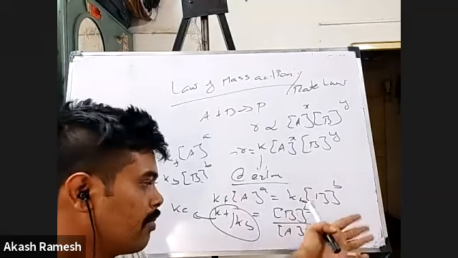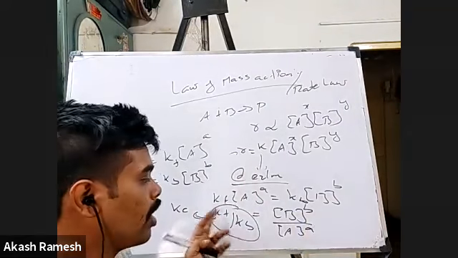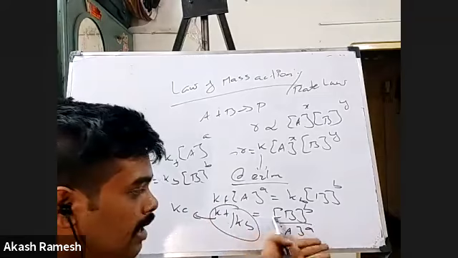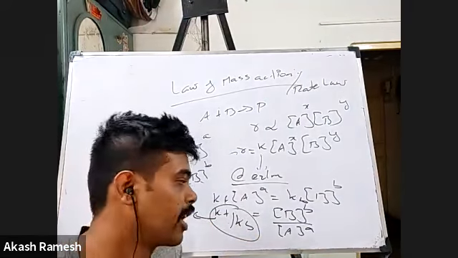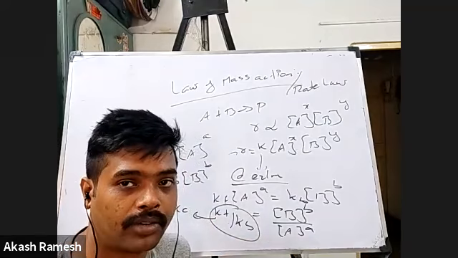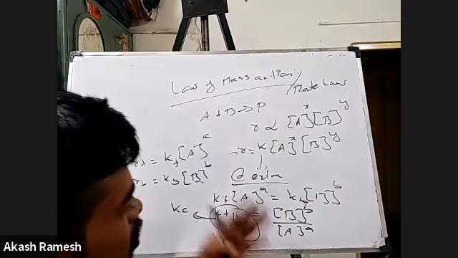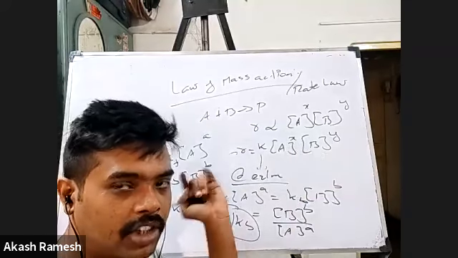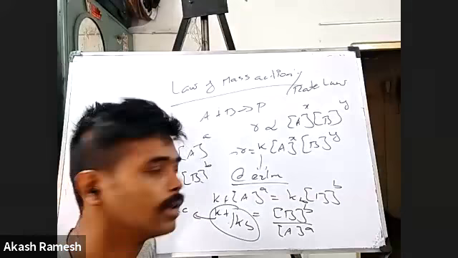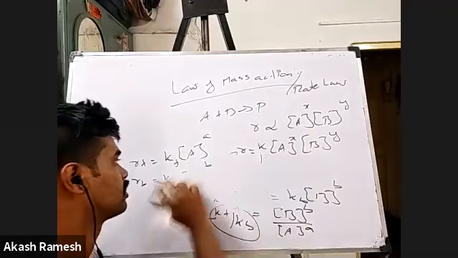So I just equated them both, and Kc is nothing but the ratio of forward rate constant and backward rate constant, which is equal to products power stoichiometric coefficients divided by reactants power stoichiometric coefficients. That's it. So this is how the rate constants are connected with equilibrium. You should have studied this in your previous class, but still now you learned it. It's good. We'll move on.